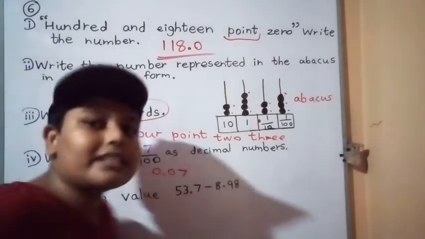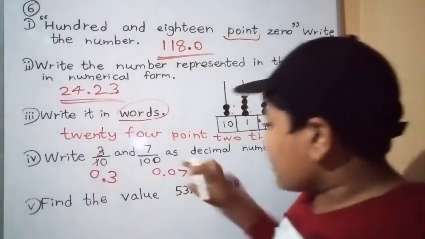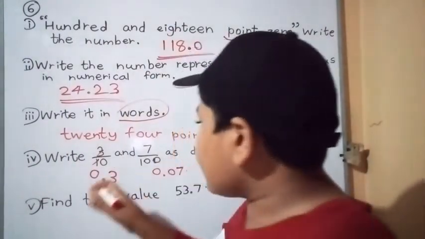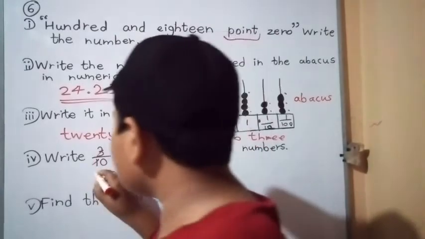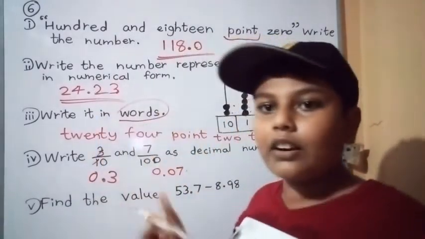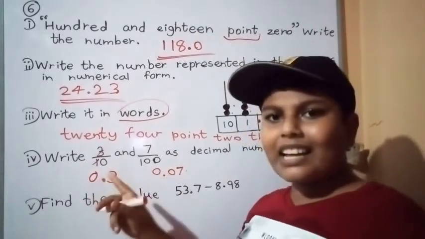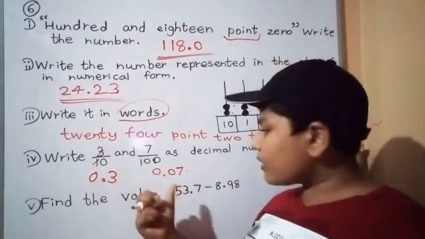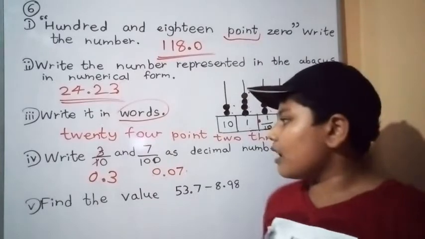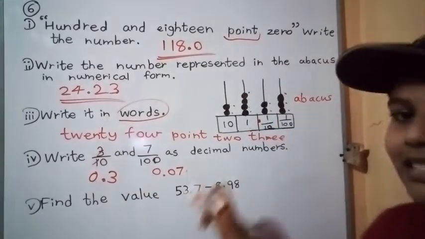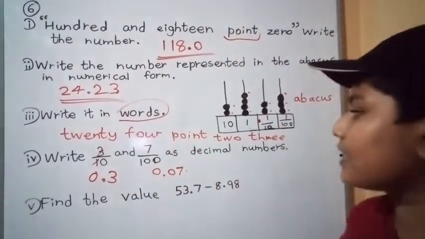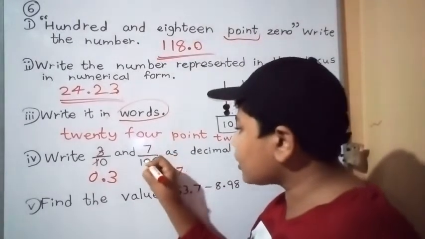How can I get this? Because this one has only 1 zero, but there are 2 zeros needed. Now 0.3 is this one, 0.07 is this, because that is 100, it has 2 zeros.